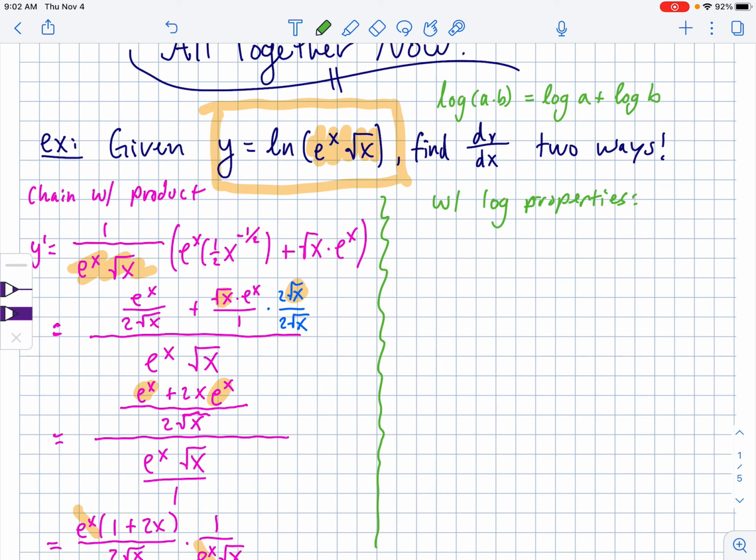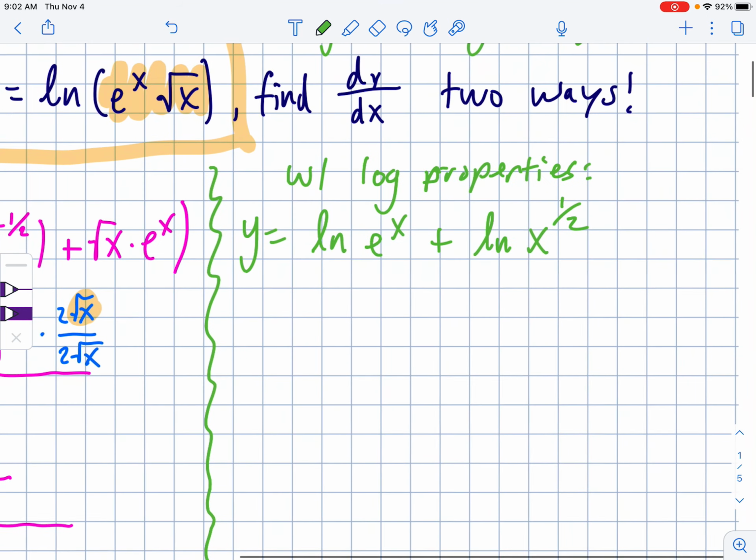So if I split that log in the beginning, like not doing a derivative, I'm just splitting it up into natural log e to the x plus natural log x to the 1/2. Notice I changed the square root of x to the 1/2 because there's another property of logs where if you have a power on an argument, that gets to come out front and be a multiplier. So those get to come out front.